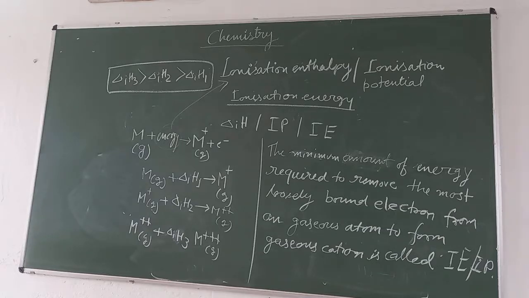It becomes difficult to remove an electron from the cation. Therefore, the energy required to remove another electron from the cation, the second ionization enthalpy, is higher than the first ionization enthalpy.